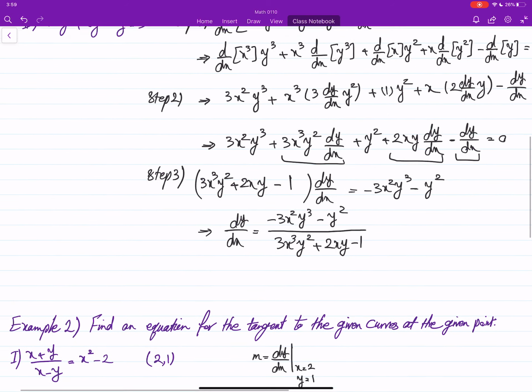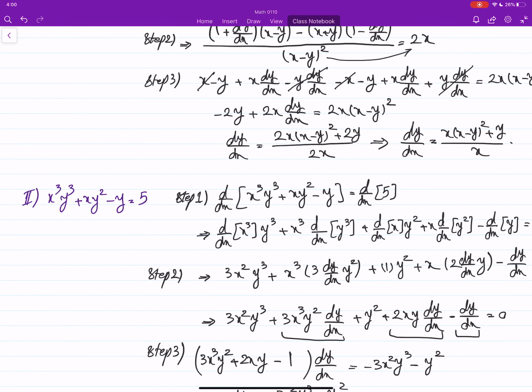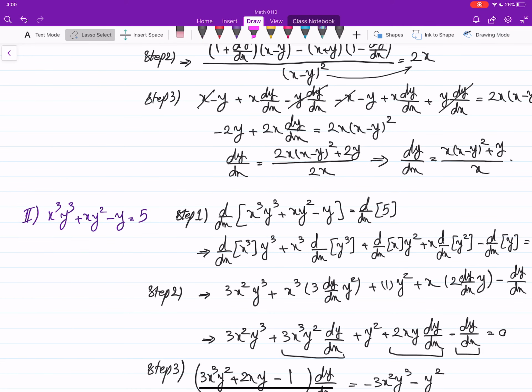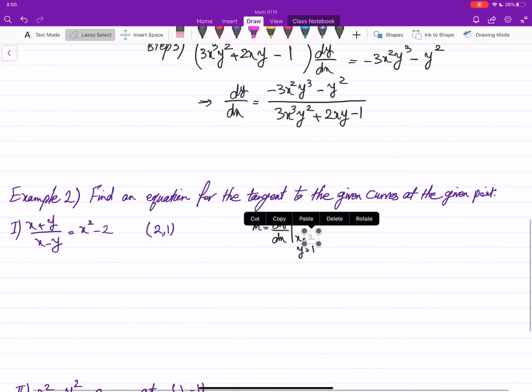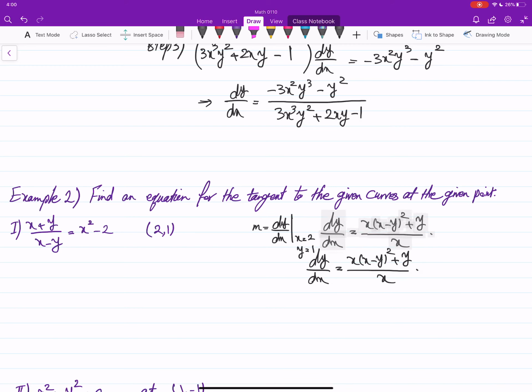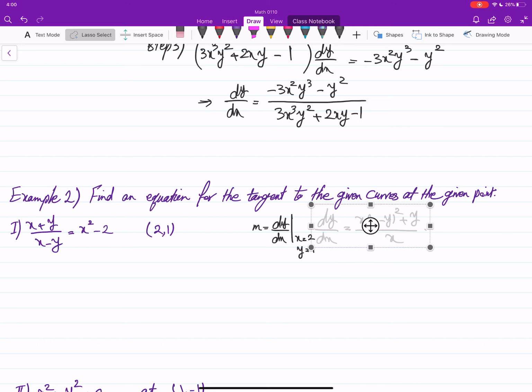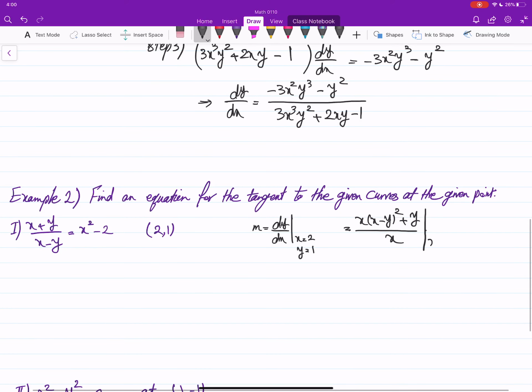We already differentiated this function, so let me just copy it from there and paste it here. We have to plug in x equal to 2 and y equal to 1. That will give us the slope.